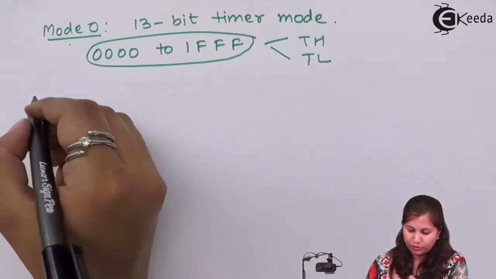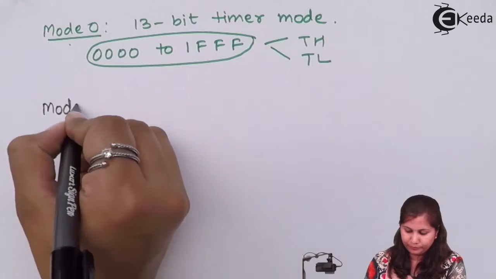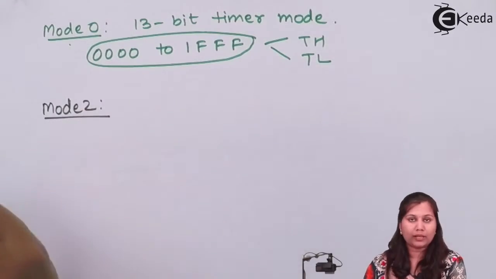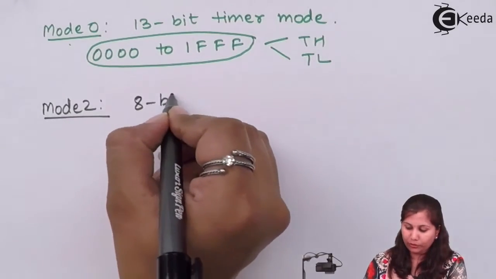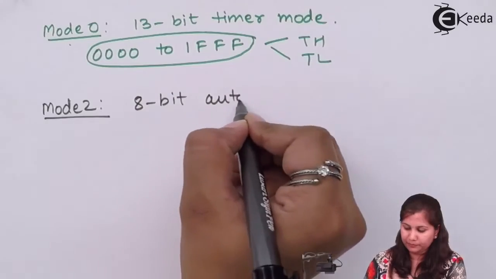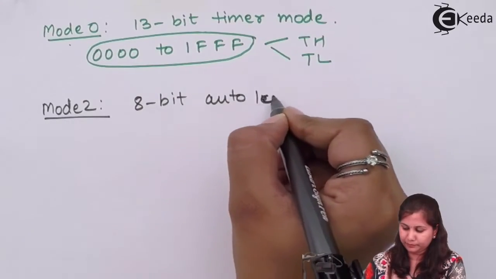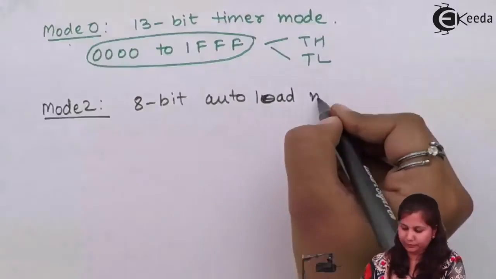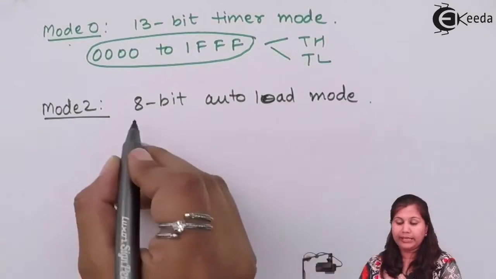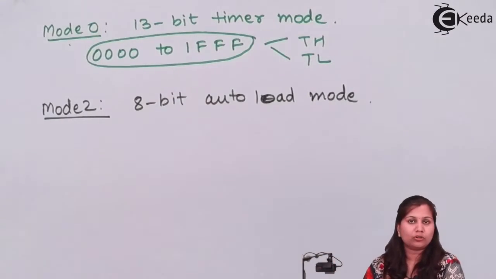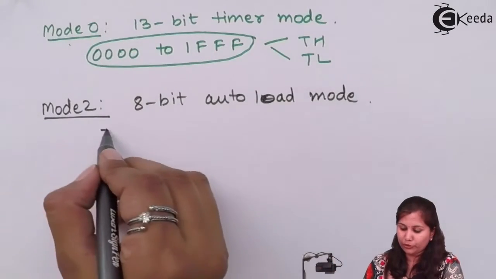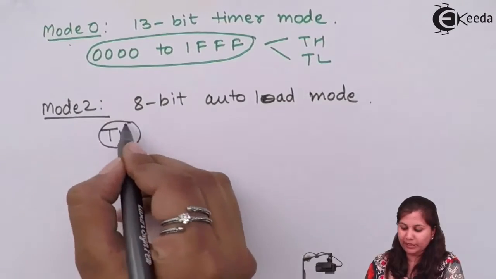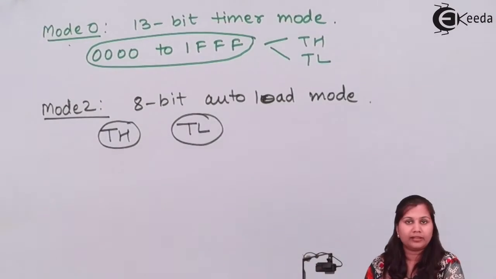Next is mode 2. Mode 2 is known as the 8-bit auto reload mode. 8-bit mode means here we cannot load the 16-bit count. We are going to use the timers as separate TH and TL timers.